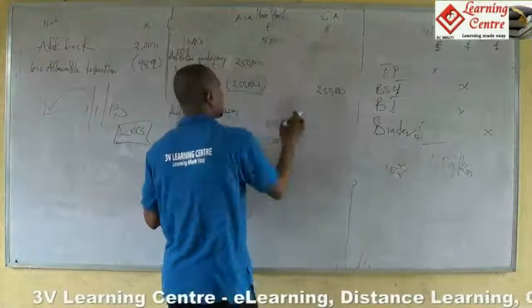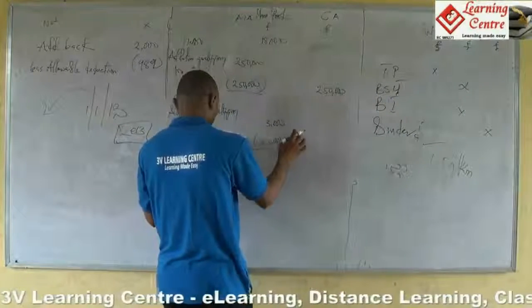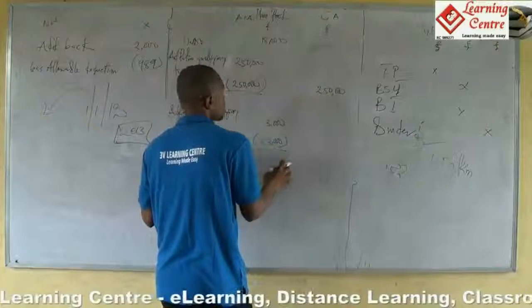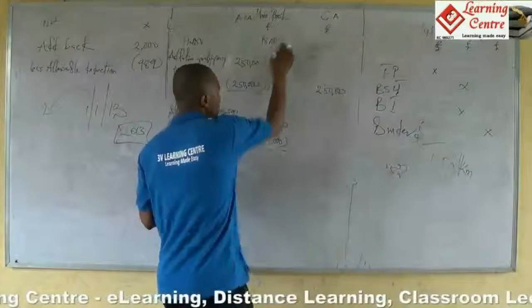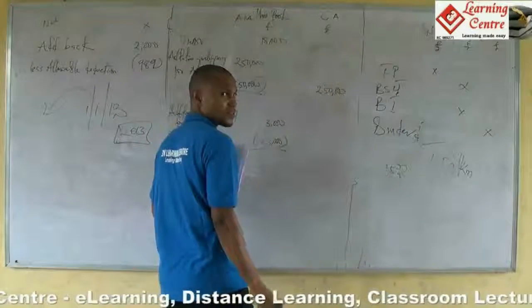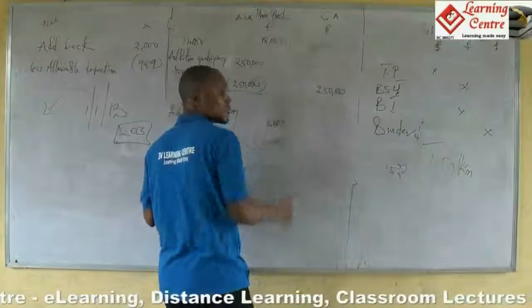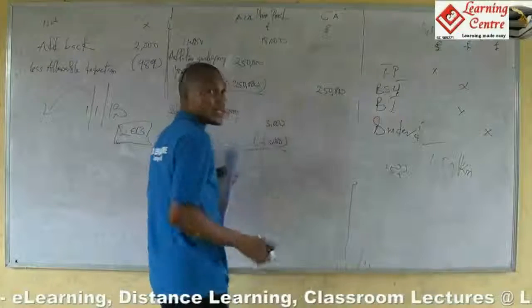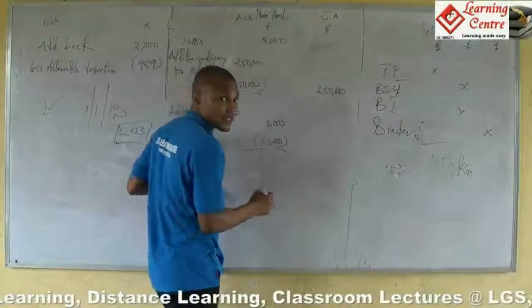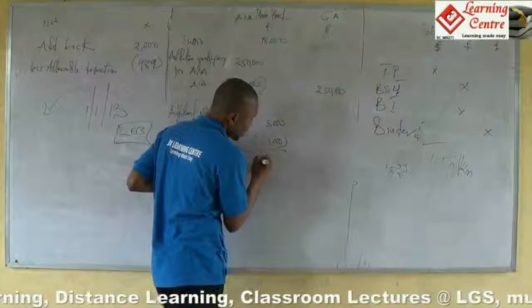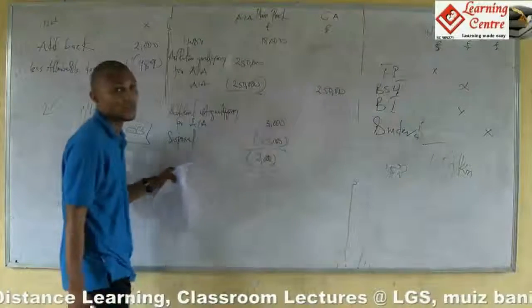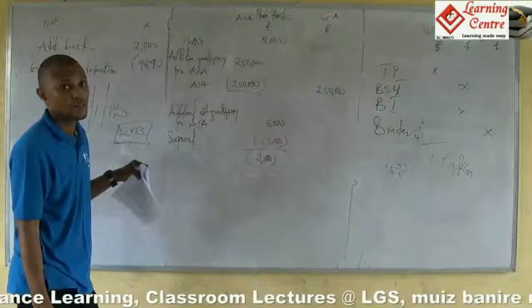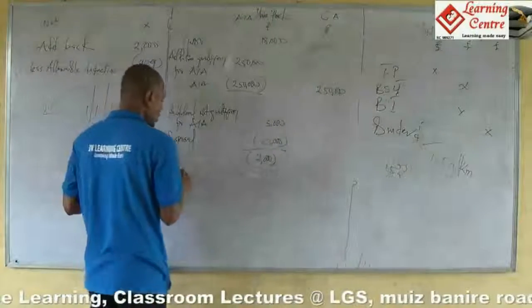Now what's the next figure of this? 20,000. This closes. Hang on. 21 minus 23, minus 2. What do you call this? Balancing charge.